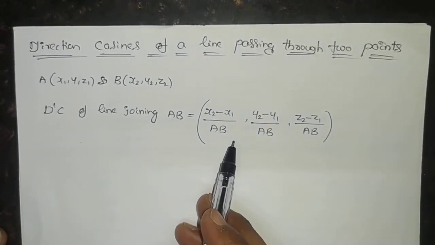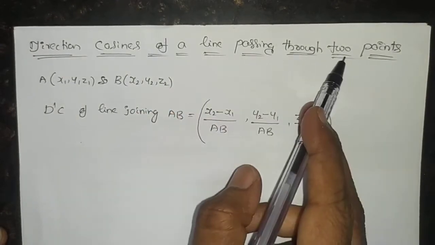It is the formula to find the direction cosines of a line passing through 2 points.